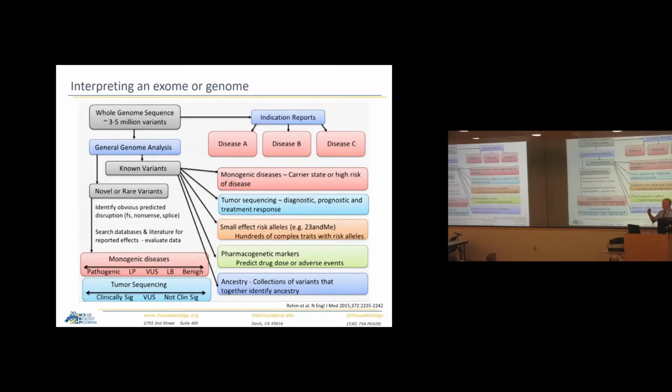As genomes are sequenced on an annual basis, the number of these known variants associated with these findings is plateauing. That makes sense. But the real problem is that the number of these novel or rare variants, if you look at a graph, is increasing exponentially. Okay?